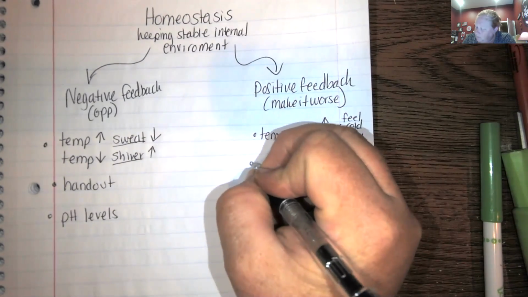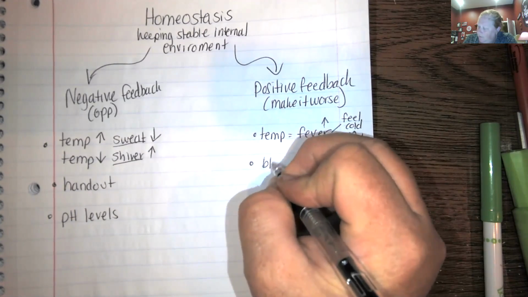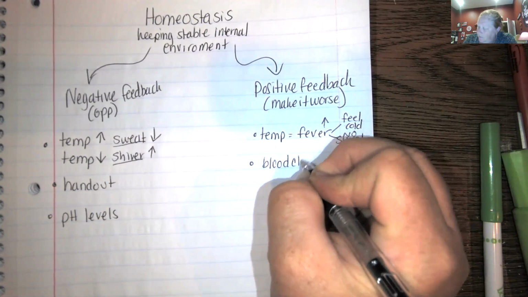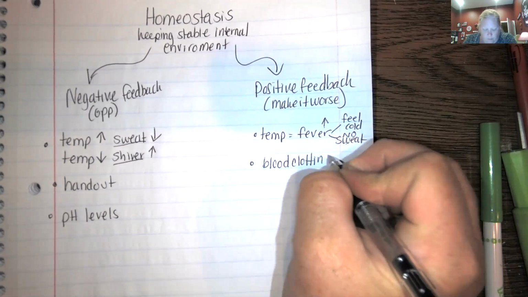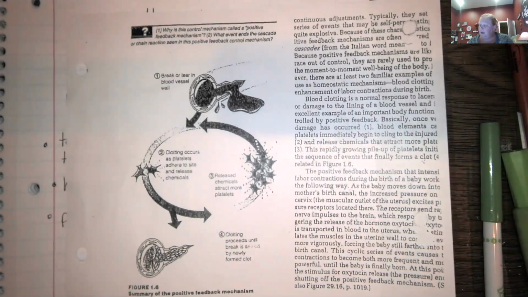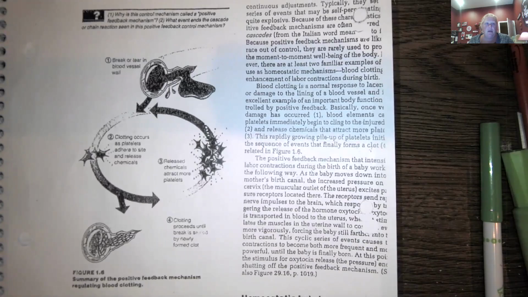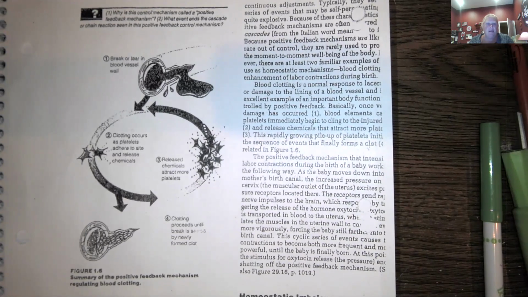Okay. Another one is blood clotting. Again, I know this seems really weird, but here's another example. This is from a different textbook. So why is this a positive?